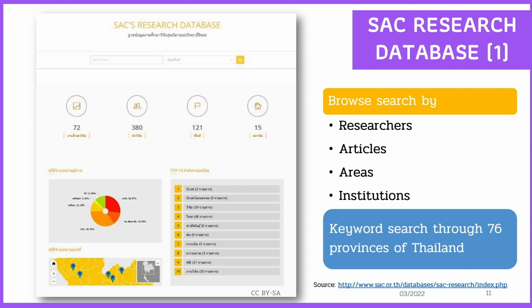This database collects reports and study results of the SAC as a source of archive and allows the public to easily access and use them. To make it easier to picture, have you had this experience? When looking for a report on the excavation of archaeological sites somewhere, sometimes you have to find it at the Fine Arts Department in Bangkok, or in some places at the regional office.